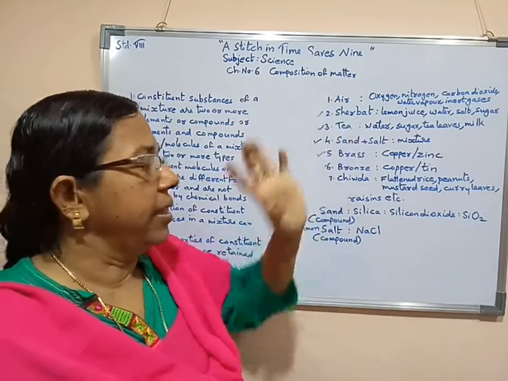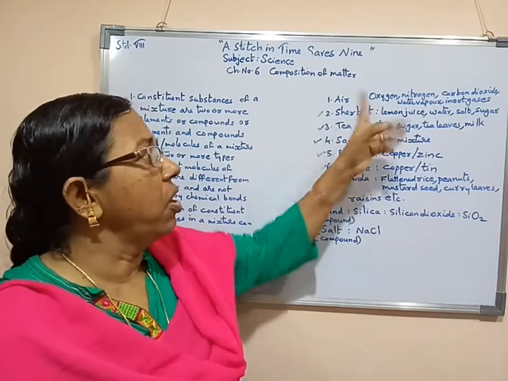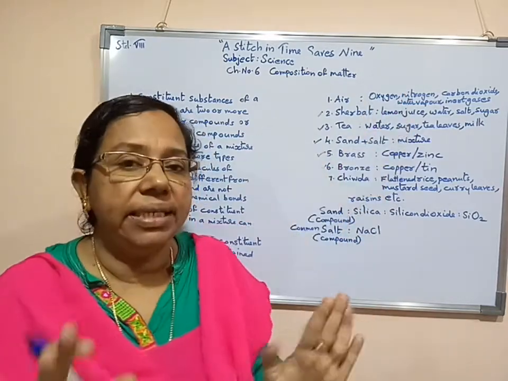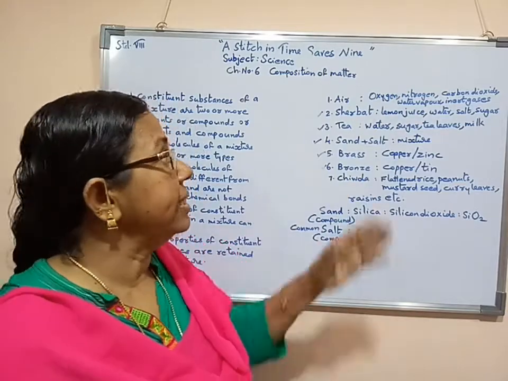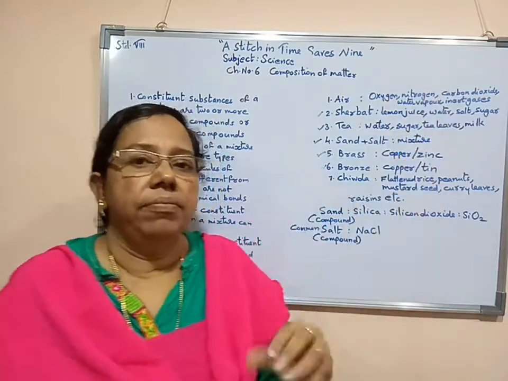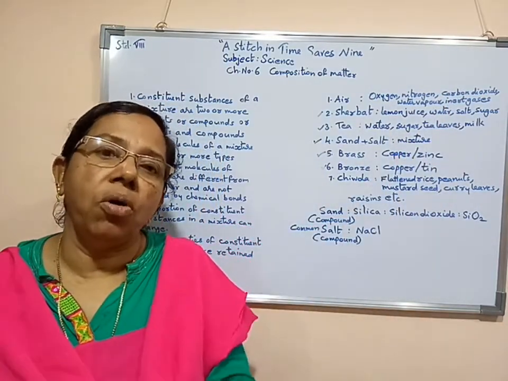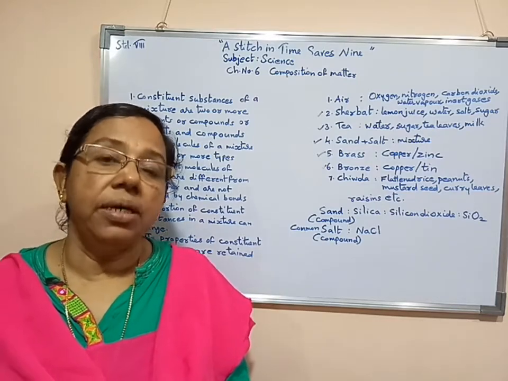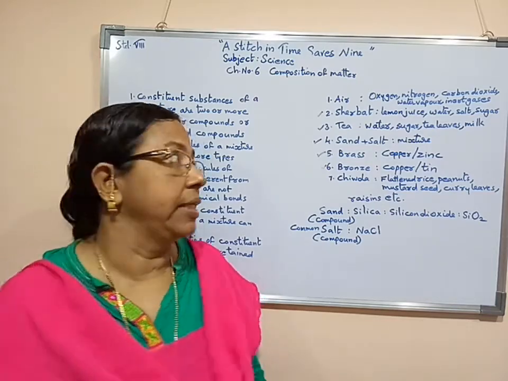Now air is a mixture, but if only oxygen is there, we cannot say it is a mixture. If only nitrogen is there, we cannot say mixture. So in a mixture there will be two or more types of atoms, or molecules, or mixtures.